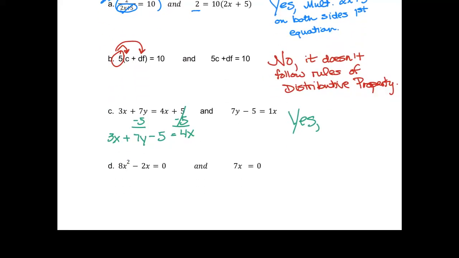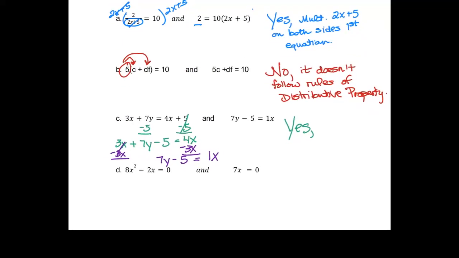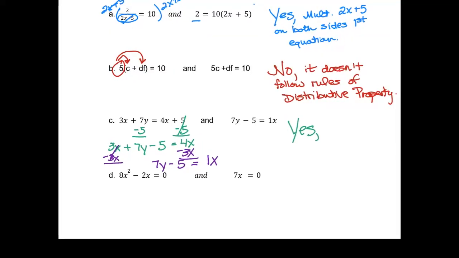And we got to move the x's to the right. So subtract 3x, subtract 3x, and you get 7y minus 5 equals 1x. So why does that work? Does anybody know?